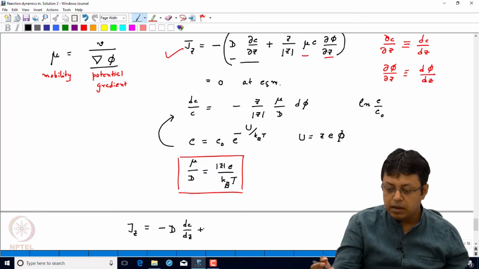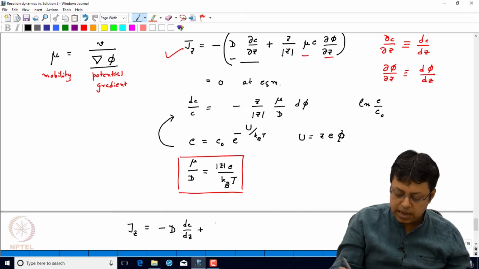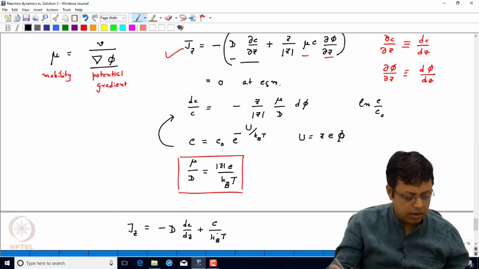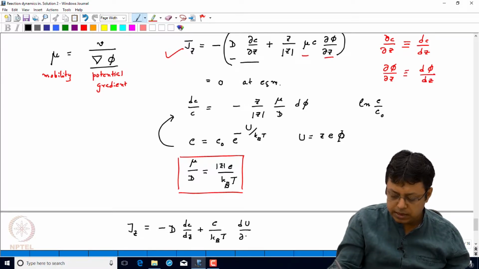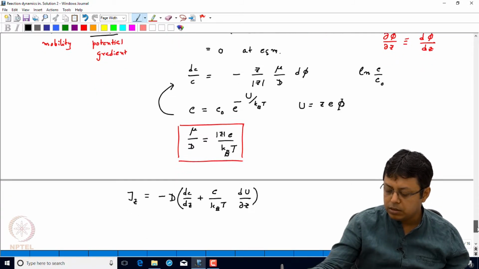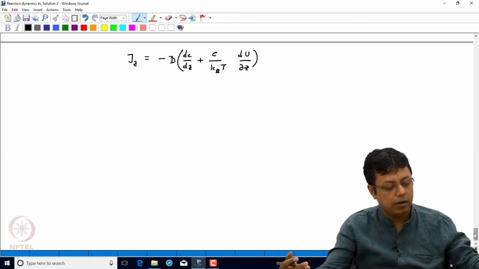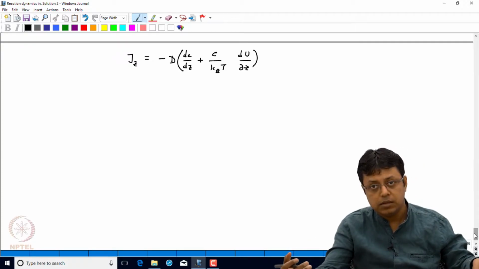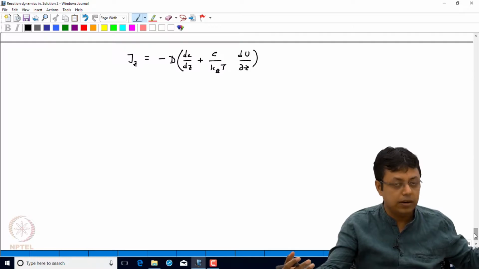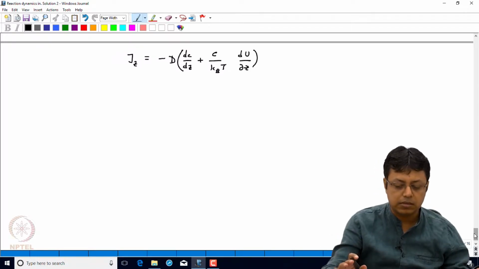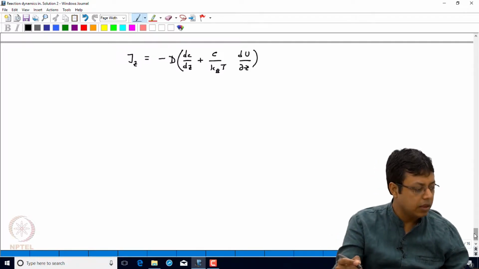Now I have already given a value of mu by D. So using that, you can easily show that it will be c by kBT, and times du dz, where we have taken the diffusion coefficient common. So this is the modified equation for the flux, of course, which is equivalent to the reactive flux that we are going to connect eventually.